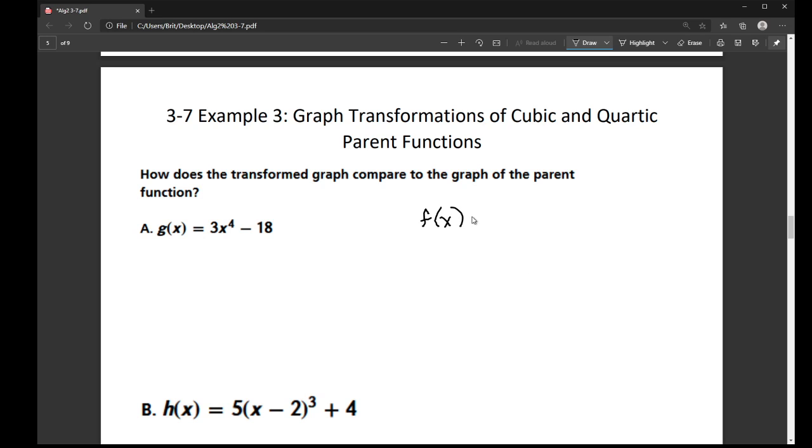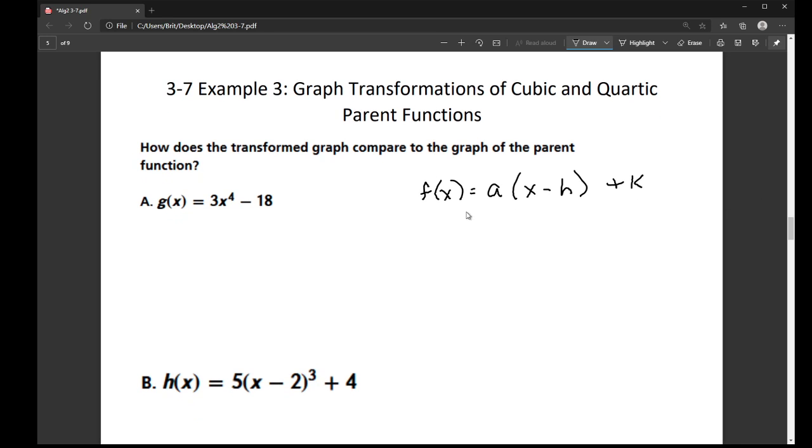Now, if you've seen any of my transformation videos, you will know that every single transformation works the same. It doesn't matter if you have a linear function, if it's squared, if it's cubed, if it's absolute value, if it's a square root.